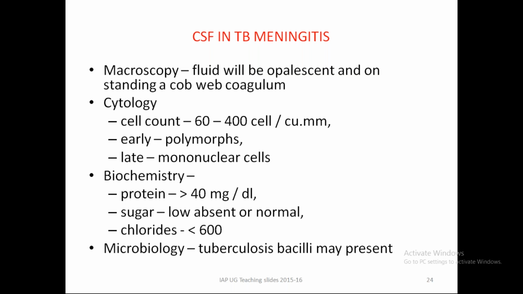Cytology: a cell count of 60 to 400 cells per cubic mm will be present. So this is the range. Polymorphonuclear cells are seen, and later mononuclear cells are seen. Coming to the biochemistry, sugars are low, absent or normal. Proteins are more than 40 milligram per deciliter, and chlorides less than 600. Tubercle bacilli may be isolated if you take it for a smear.